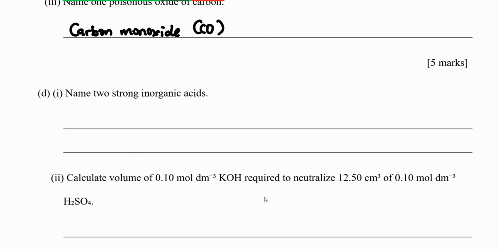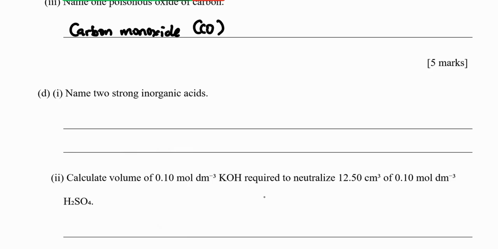Okay, and the next question is name two strong inorganic acids. In this kind of question, carboxylic acids are organic acids. These inorganic acids are the ones involving hydrogen that we commonly use in acid-base reactions. You can also use organic acids, but these are the common ones we know that don't necessarily involve carbon and hydrogen and the functional group of carboxylic acid.